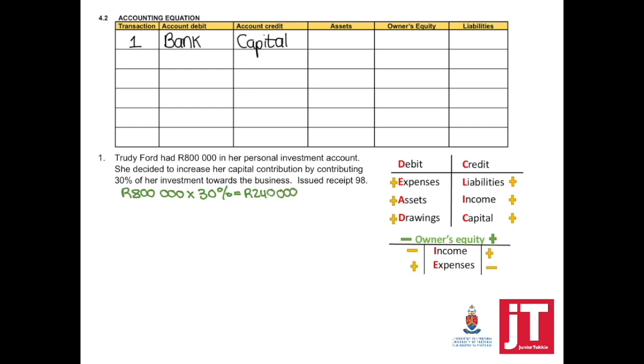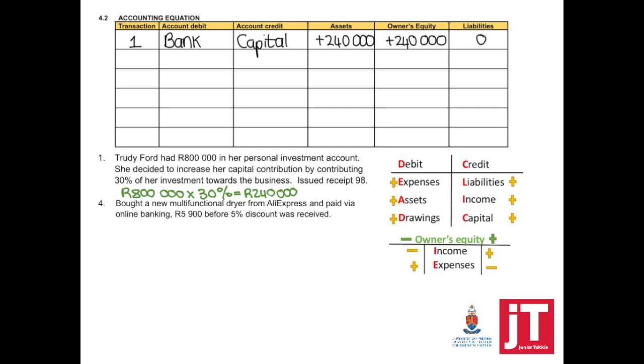And now we need to say 800,000 times 50%. Capital will increase on the credit side. It will increase your owner's equity. Nothing happened with liabilities. Sorry, there was only one transaction on day 1.